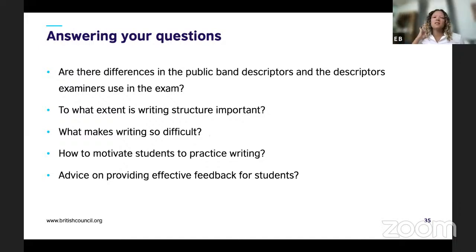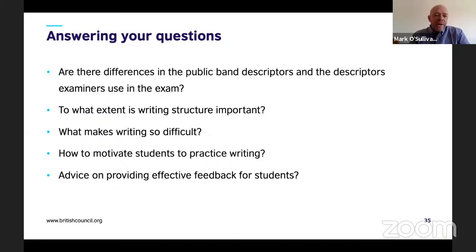So the main criteria are there. There are no secrets kind of behind smoke and mirrors that you need to worry about. So the public band descriptors are a fantastic resource to be using in your classrooms with students.